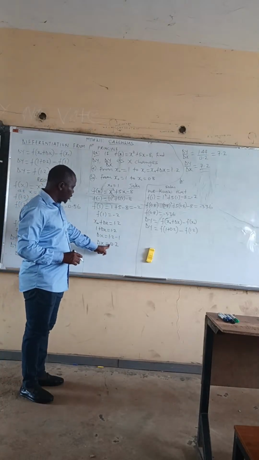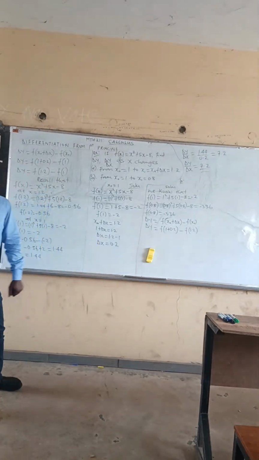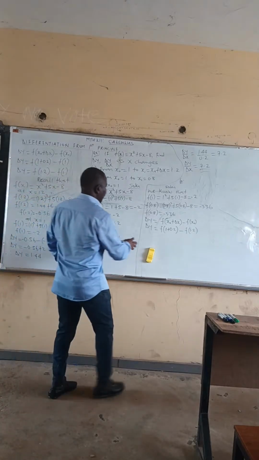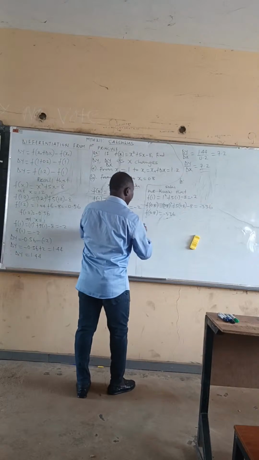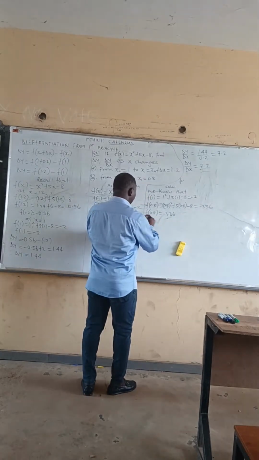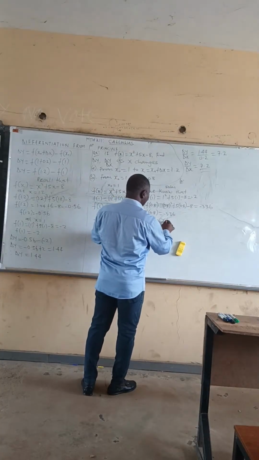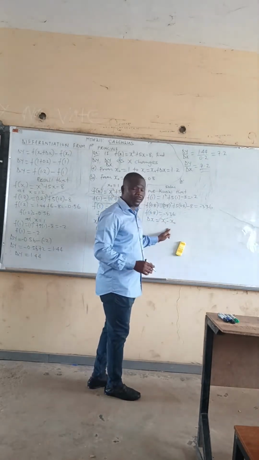Let's obtain our dx first. Our dx, from our formula, is x1 minus x naught.